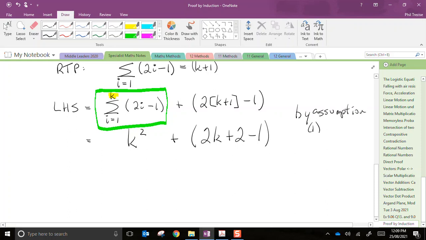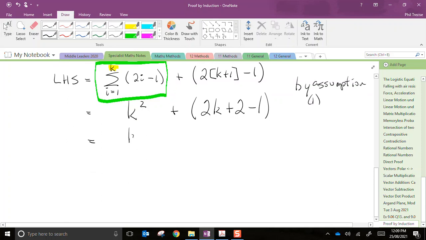So we had stated the assumption, we're using the assumption. We will always make use of the assumption. So that's k squared plus 2k plus 1. That's a quadratic. It's an easy quadratic, and it would be a perfect square. It would be k plus 1 squared.